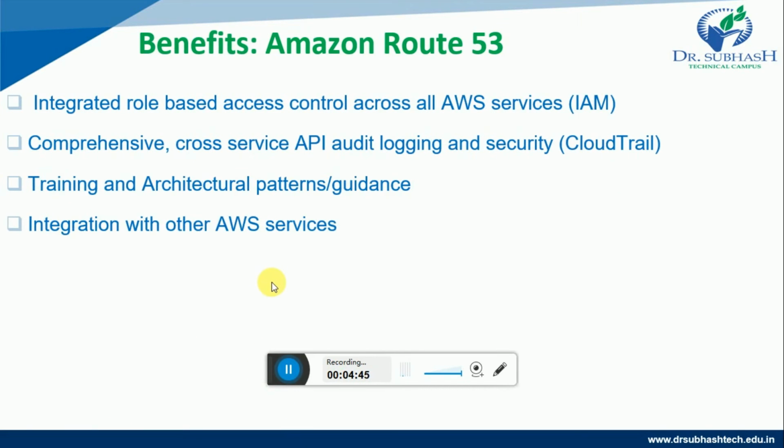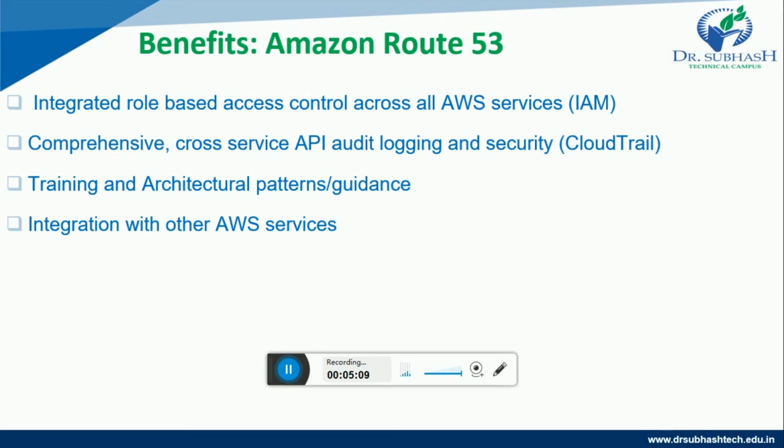We would also like to see what are the benefits that Amazon Route 53 provides. Let us see one by one. The first one is integrated role-based access control across all AWS services. Second one is, it is comprehensive cross-service API audit logging and security.